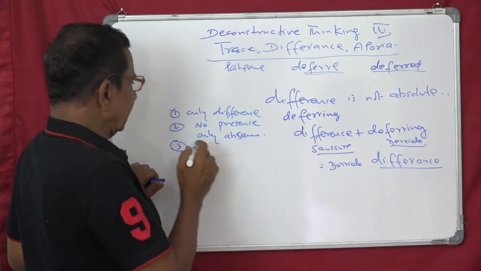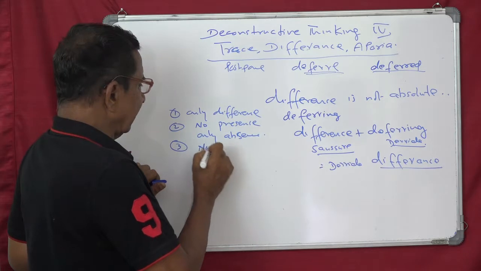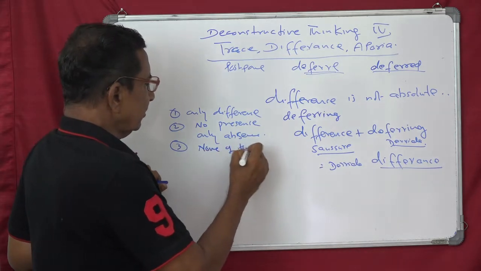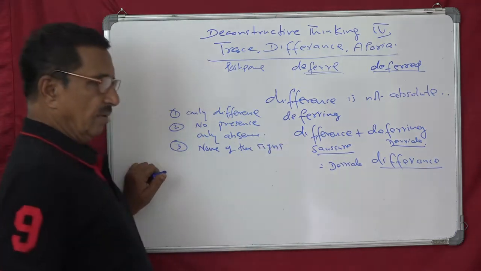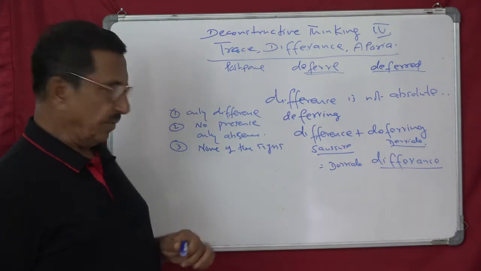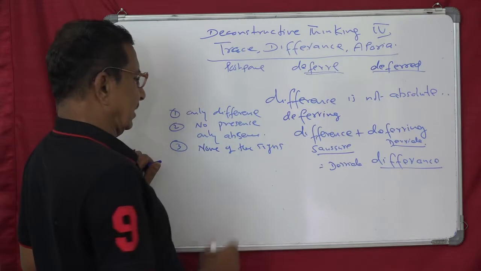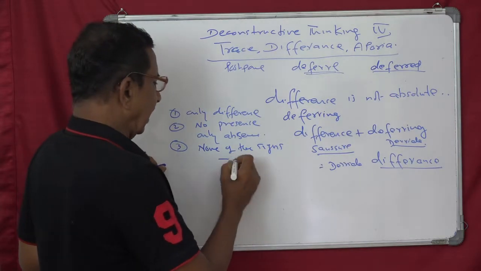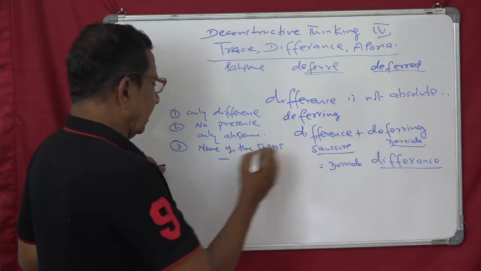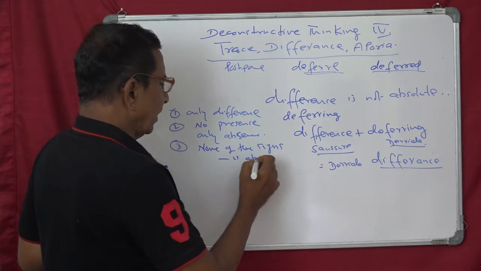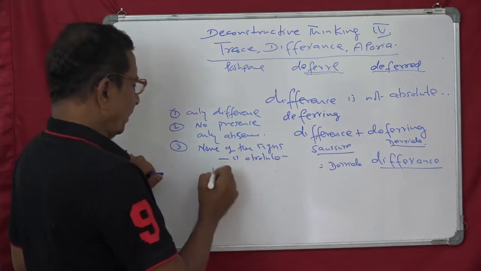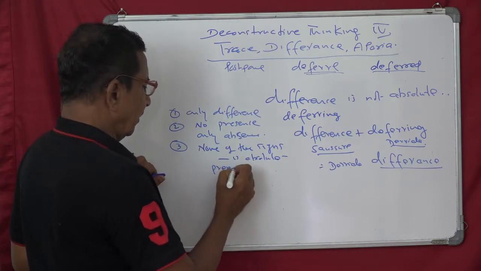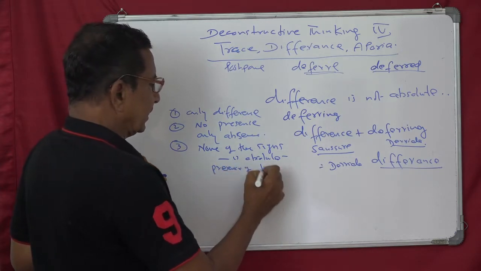Now, next: none of the signs. Sign means both the signifier and the signified. None of the signs is absolute, because of the presence of trace.